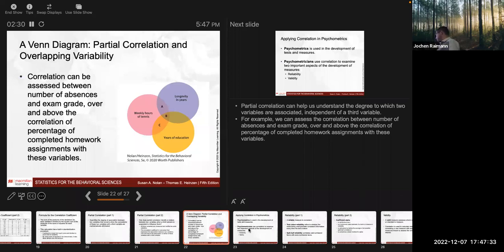So here you have, for example, the percentage of completed homework assignments with three different variables: longevity in years, years of education, and weekly hours of tennis. Each of these three variables will have some effect. With longevity, if you're older, you're likely more focused on achieving your academic aims.